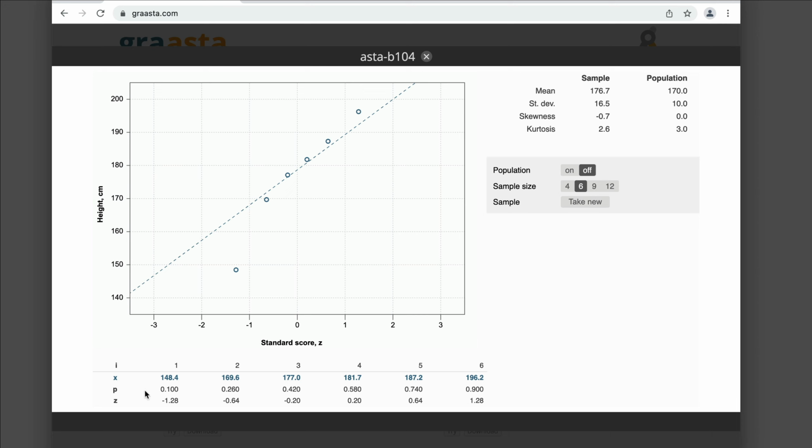First of all, I compute the sample quantiles the same way as I did in the very first app. I split the whole range of values into intervals, and then this value is in the middle of the first interval, this value is in the middle of the second interval, and so forth.